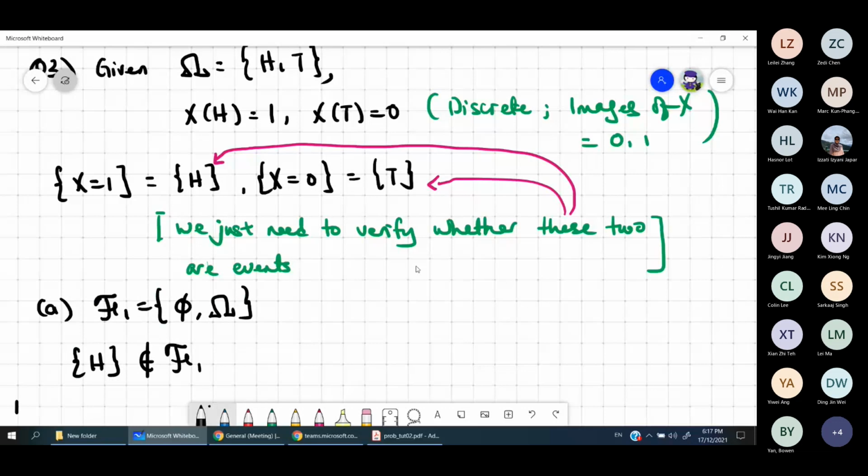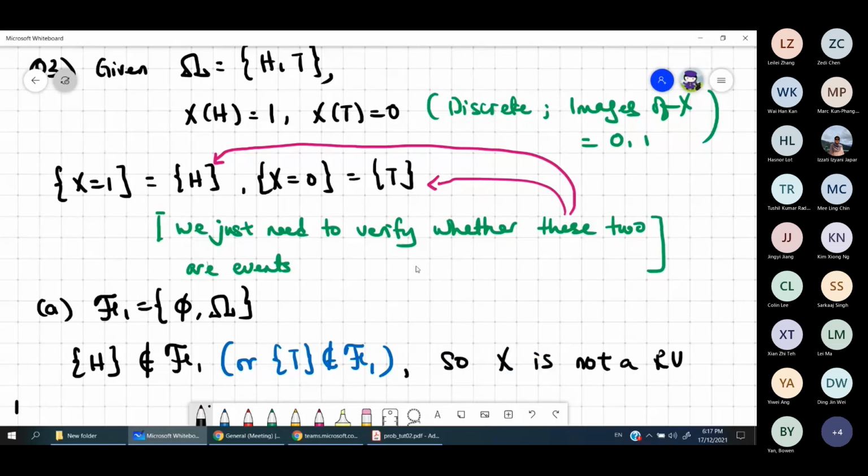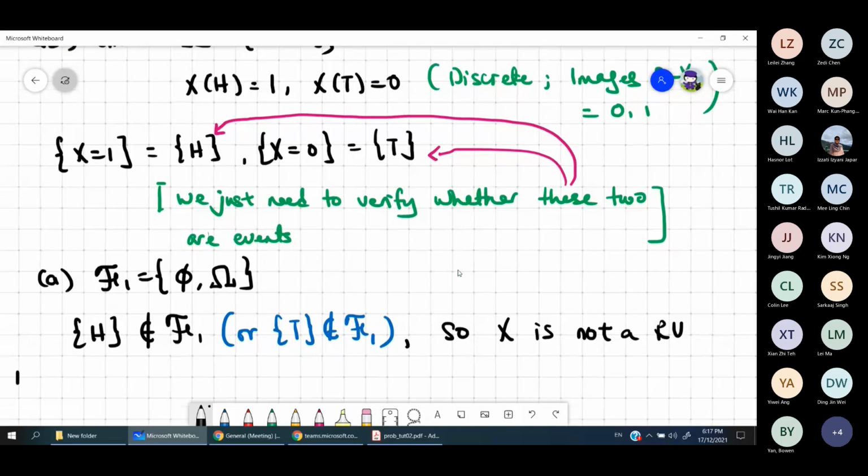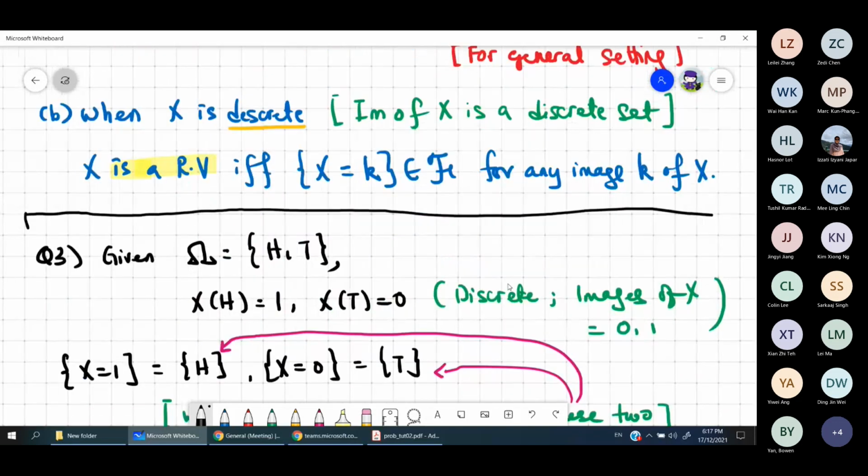Or you can claim that {T} is not an element in here. Either one. Because this doesn't belong to here, X is not a random variable for this case. So it's not difficult. Basically, we are just using this criterion to check for it.